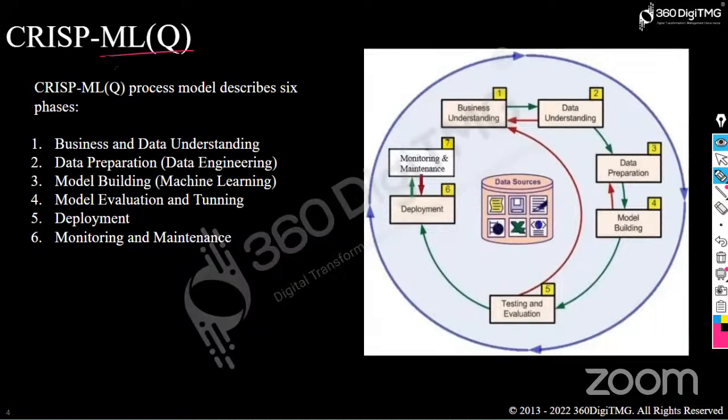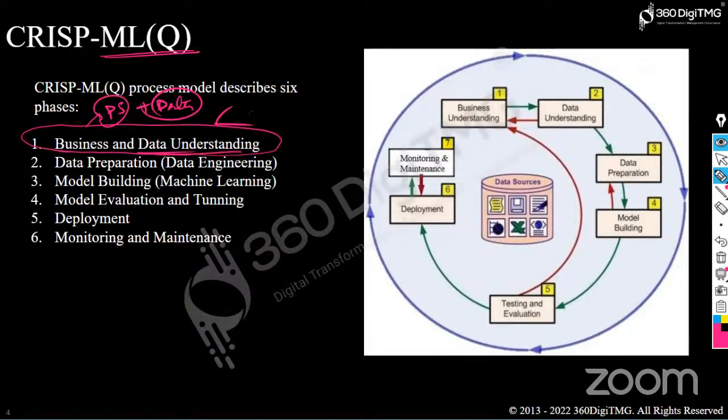So in CRISP-ML(Q), both business and data understanding are put into the same phase, saying that the business will provide the problem statement with the data and you just need to understand what the data is. Data can be of two types, continuous data and discrete data. So how do you manage continuous data?